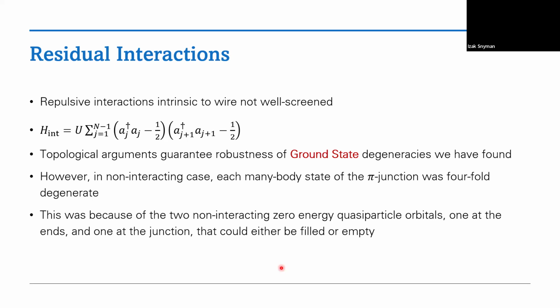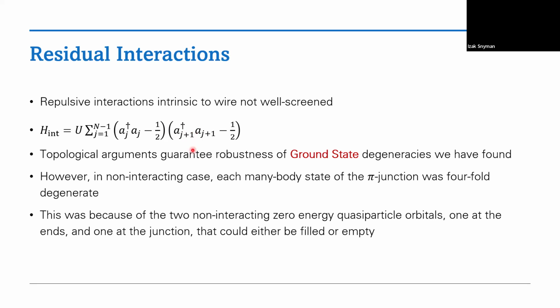There are, however, still electron interactions between the electrons in the wire itself. And because it's a one-dimensional system, it's not necessarily well screened. So you have to wonder maybe about these residual interactions. And the simplest model then is to make them short range, just using the electrons on adjacent sites.